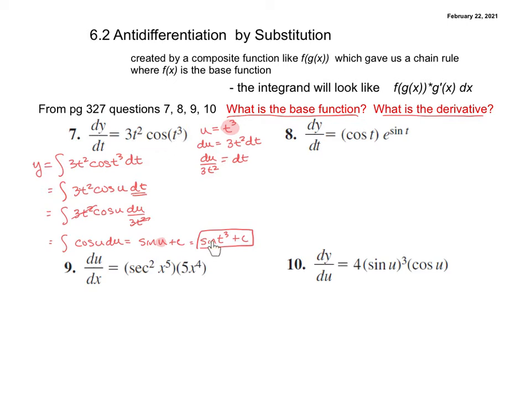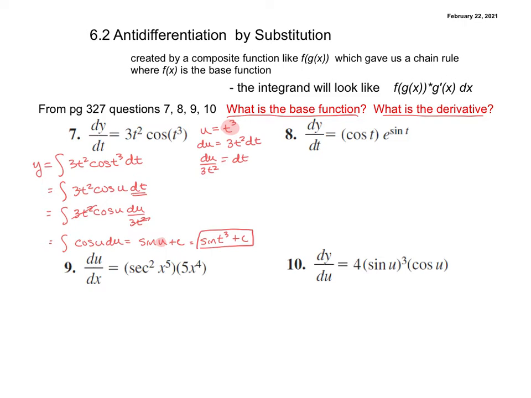So let's take the derivative of sine of t cubed plus c. That derivative would equal the cosine of t cubed times the chain rule, 3t squared, and then plus c. And as you can see, it worked. I'm going to erase that now. I just wanted to show you that it worked.